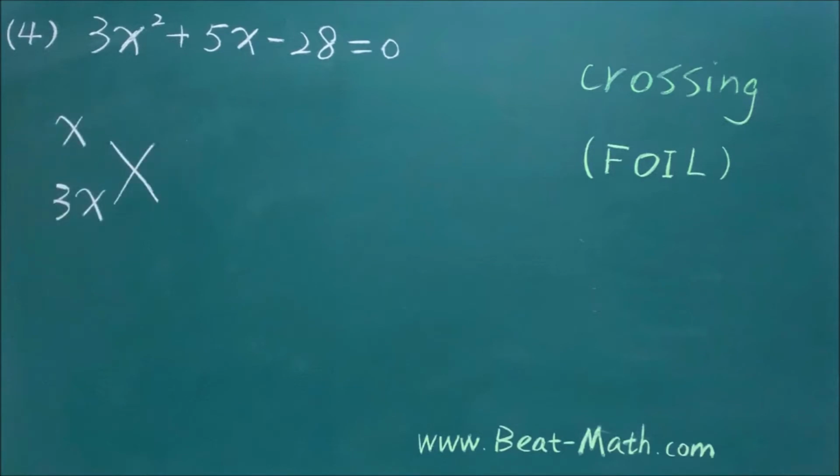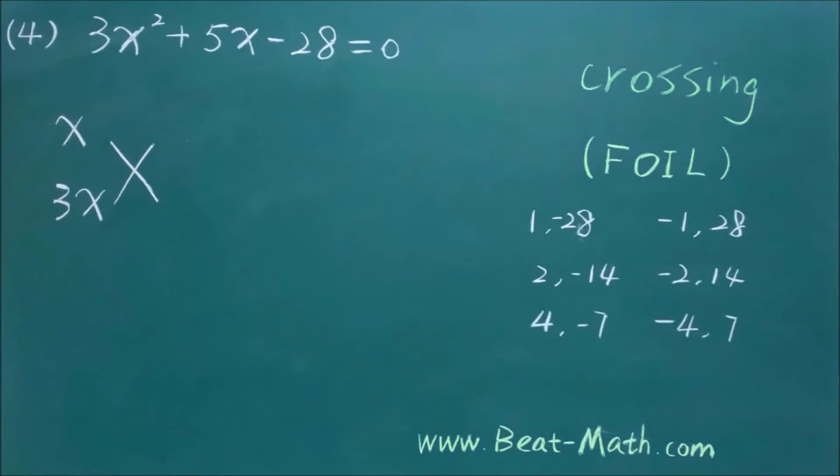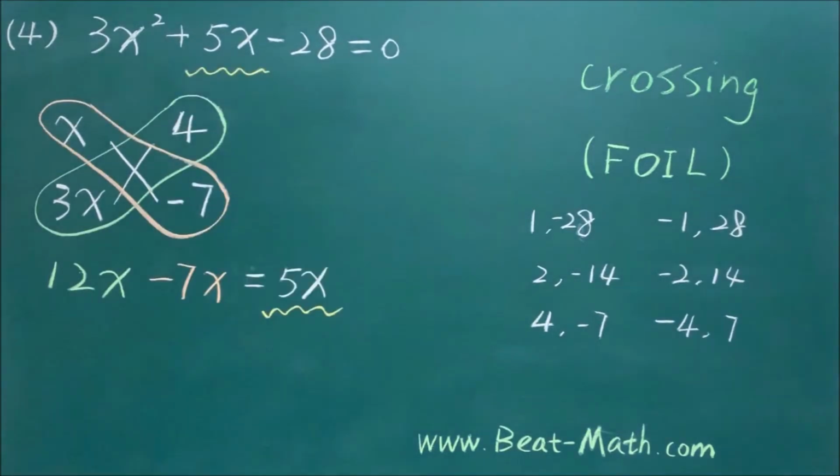Here, 28 can be the product of 1 and negative 28, negative 1 and 28, 2 and negative 14, negative 2 and 14, 4 and negative 7, or negative 4 and 7. Let's cross multiply them with x and 3x. As we can see, only the pair 4 and negative 7 will bring us 5x.